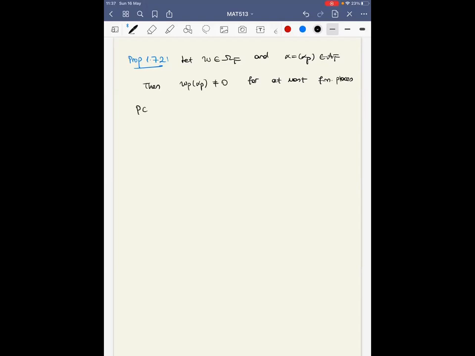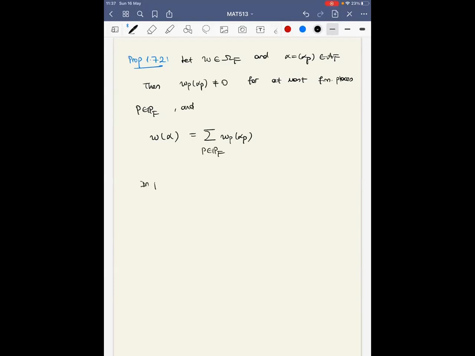That means for almost all places, omega_p of alpha_p is going to be 0. Moreover, we can compute the Weil differential of an adele in terms of its local components.